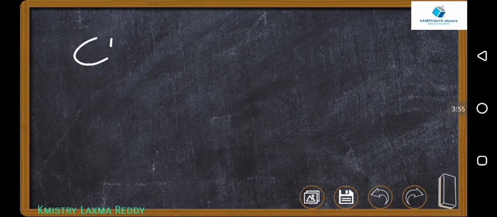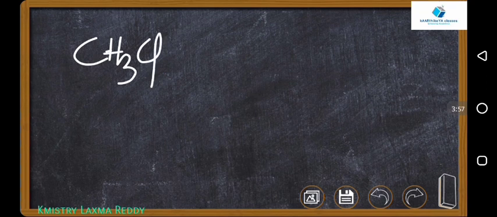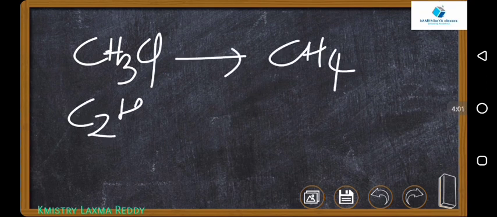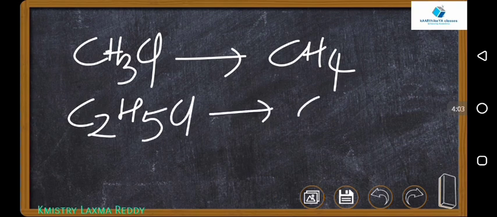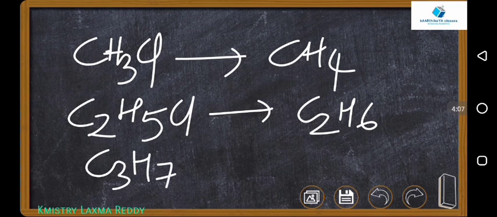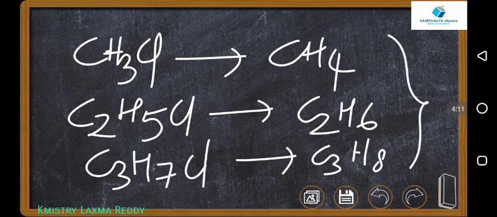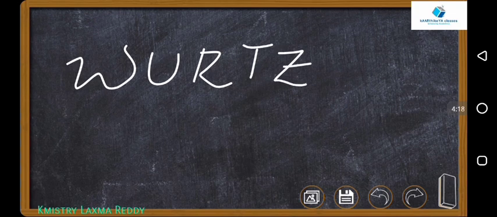Simple examples you can see: methyl chloride converted to methane, ethyl chloride converted to ethane, propyl chloride converted to propane. Very simple logic. From the same alkyl halides, one very special reaction is there, which we call the Wurtz reaction.